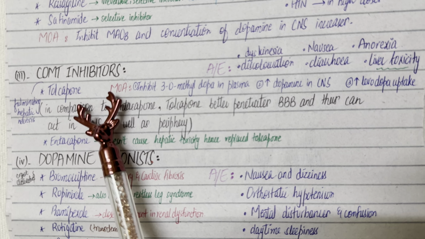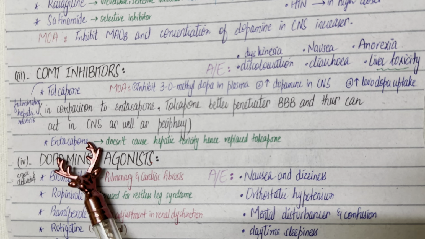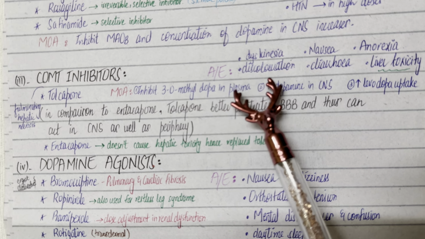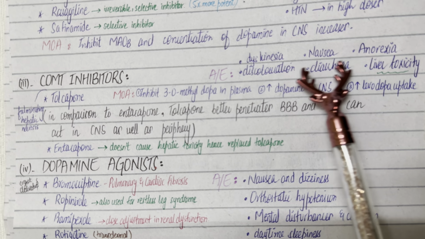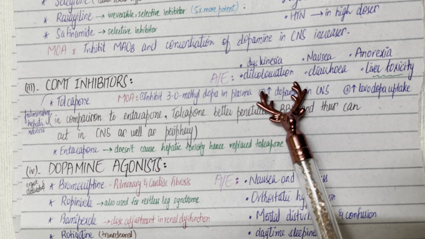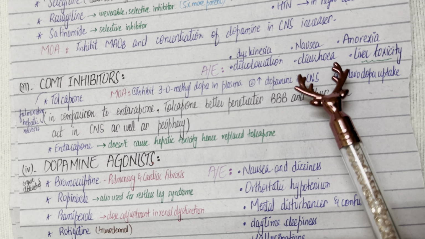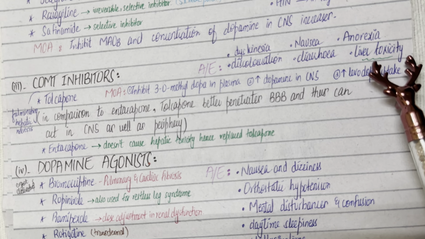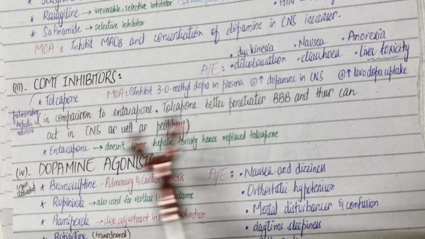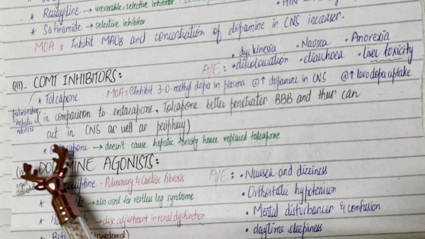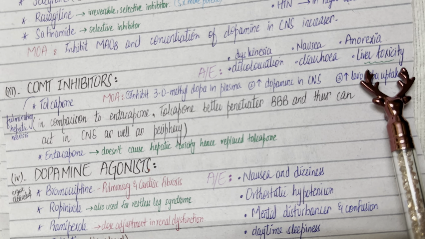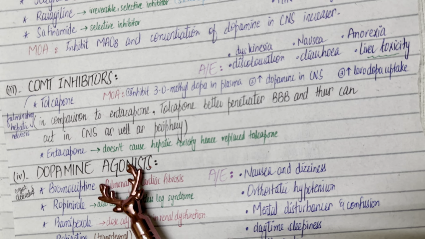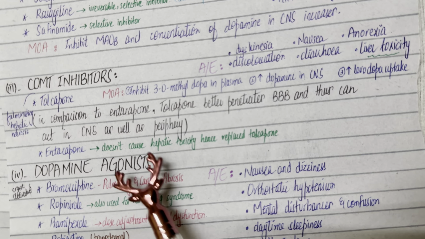The drugs included in this class are tolcapone and entacapone. Adverse effects are dyskinesia, nausea, anorexia, discoloration, diarrhea, sleep disorders, hallucinations, and liver toxicity. Tolcapone specifically causes fulminating hepatic necrosis, while this liver toxicity is less with entacapone, hence entacapone has replaced tolcapone.